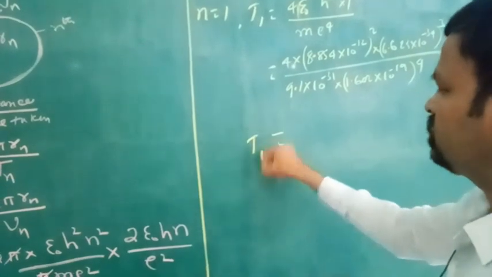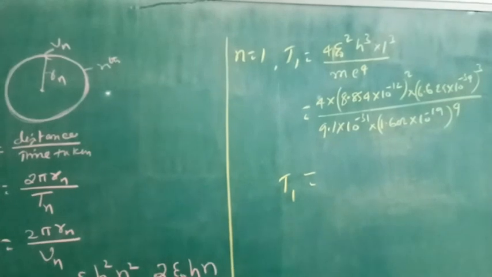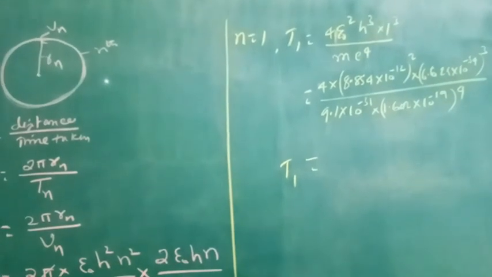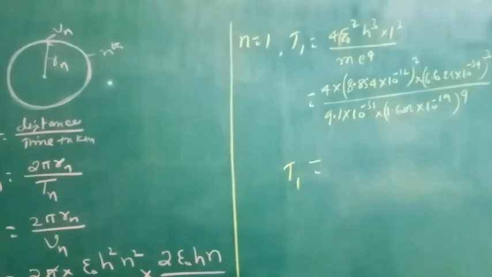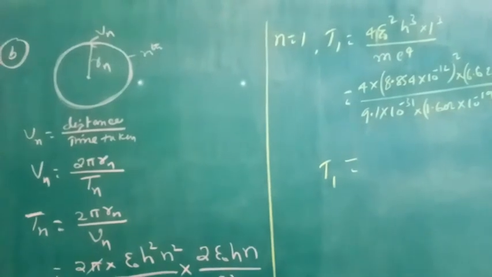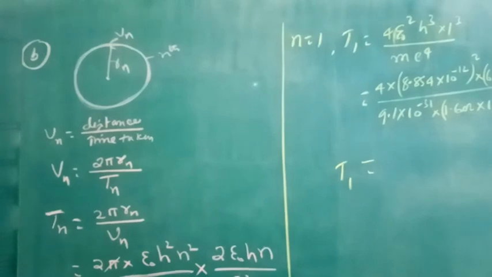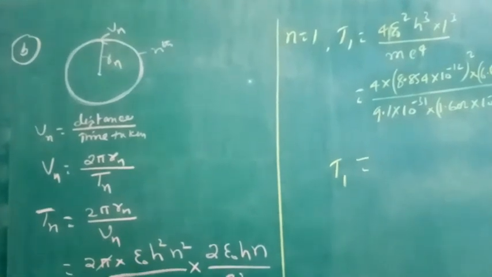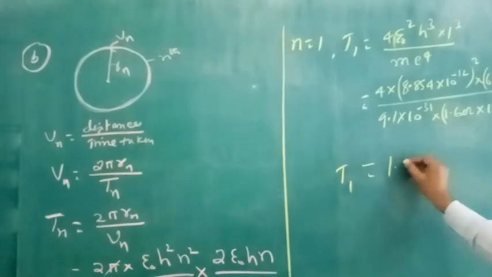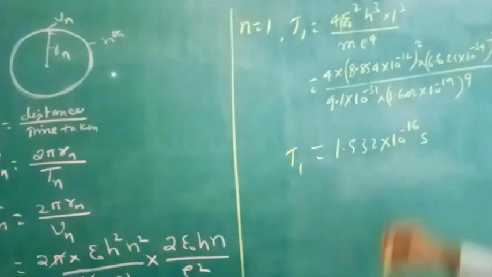You solve this by using a calculator, then you get the value 1.532 into 10 to the power of minus 16 second.